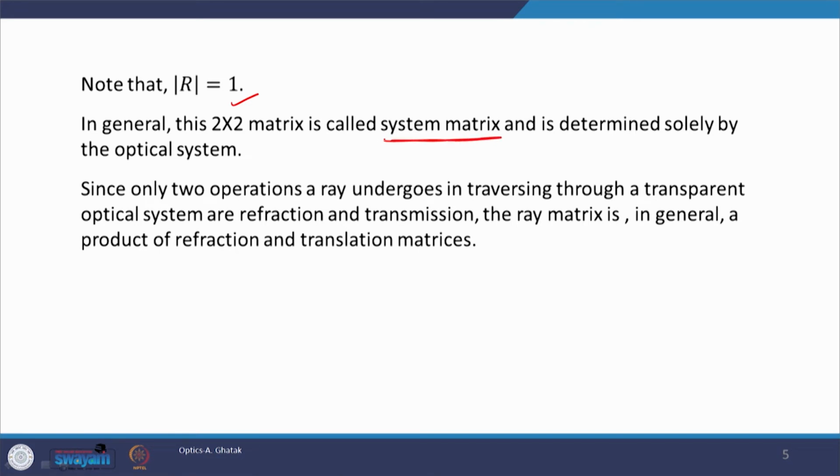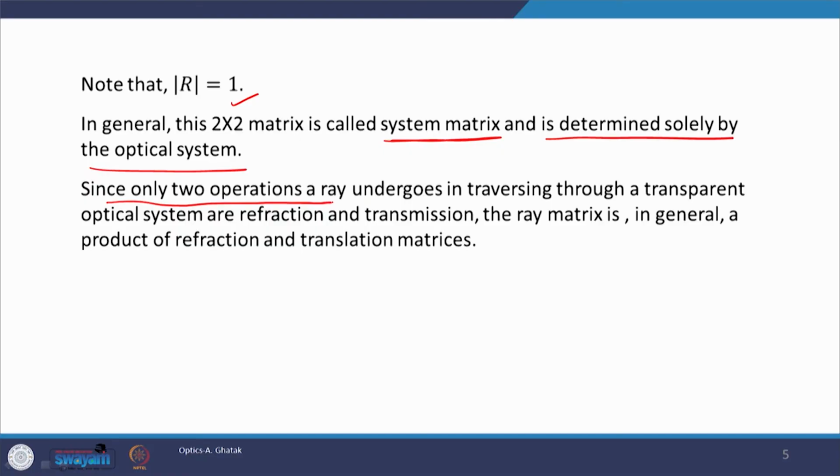You will get a resultant matrix, which will again be a 2 by 2 matrix whose determinant will again be equal to 1. Such a matrix is called the system matrix. In general this 2 by 2 matrix is known as the system matrix, and it is determined solely by the optical system. Nothing extra is involved. Refraction and translation matrices give rise to the system matrix.